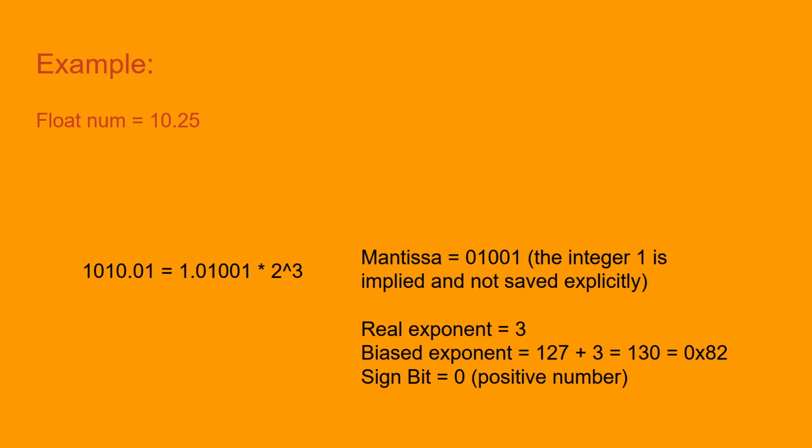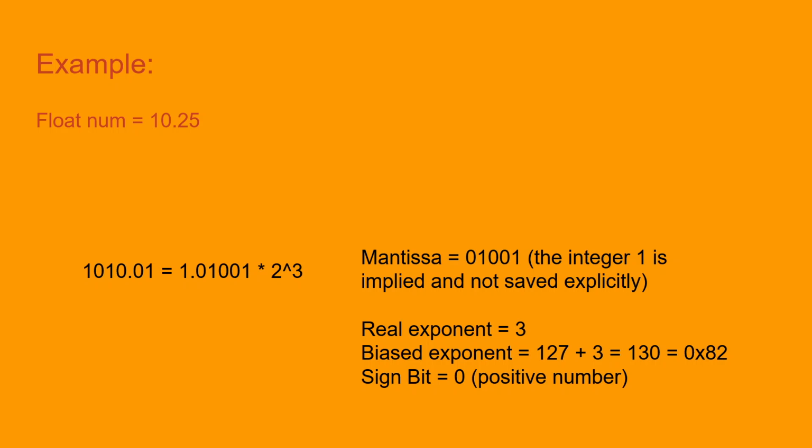We then can extract the mantissa, which is 01001, and that's the number to the right of the decimal point. The integer 1 to the left of the decimal point is implied and it's not saved explicitly. And that's the whole idea behind normalizing. All floating point numbers will have a 1 in the integer portion, and they don't need to be saved explicitly.